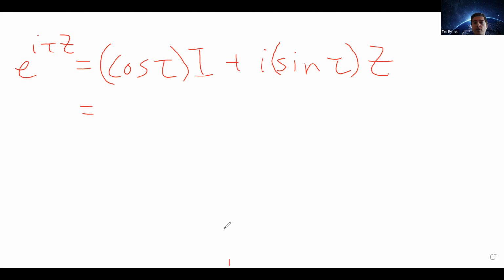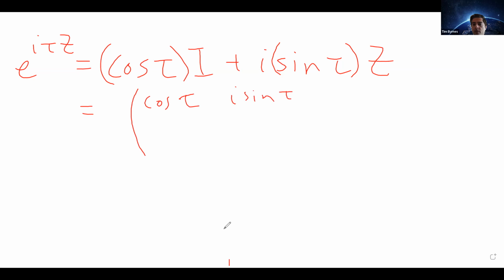Now that the matrix is outside of the sine and the cosine and the exponential, we can actually write it as a 2 by 2 matrix, and it will look like this.